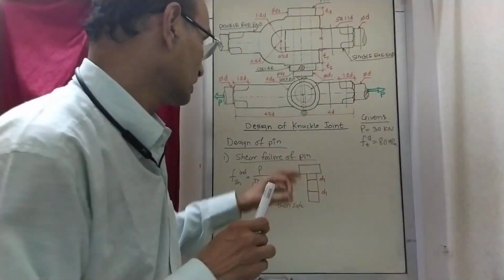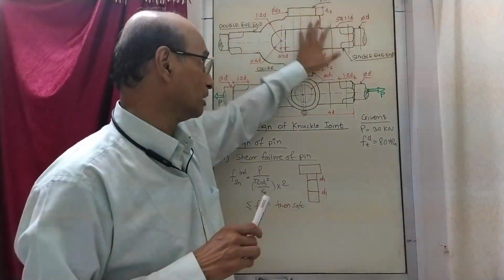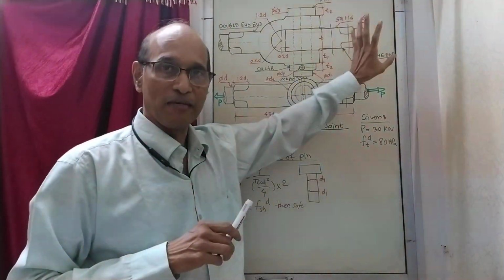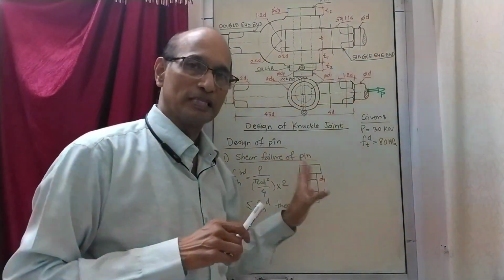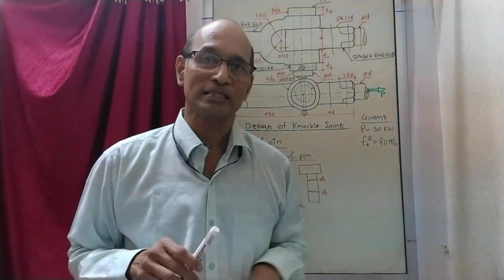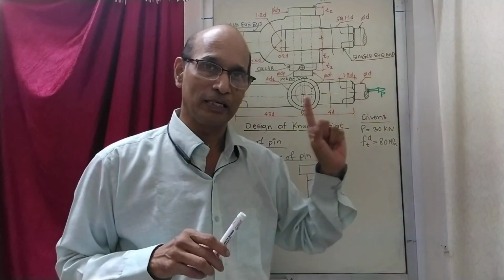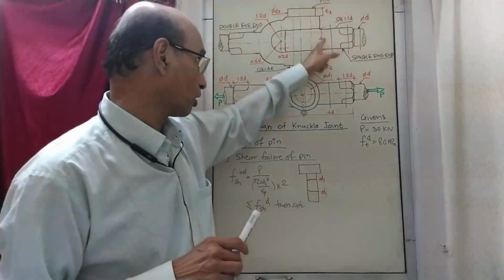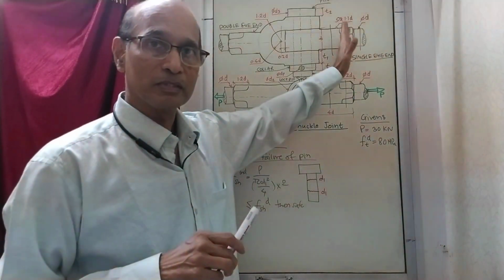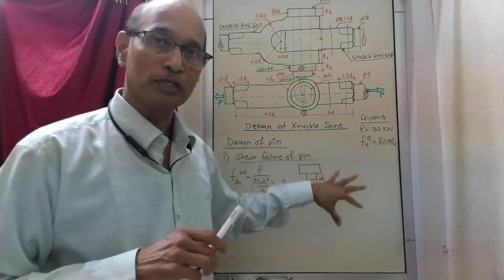But if the material for the pin and the material for the single and double eye end are the same, then the values will be the same, because the formula you are going to use is the same. But in case the data says that the stress for the pin is different from the stress for the single and double eye end, then you have to do the checking again.